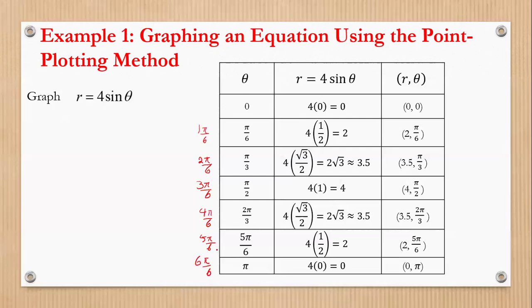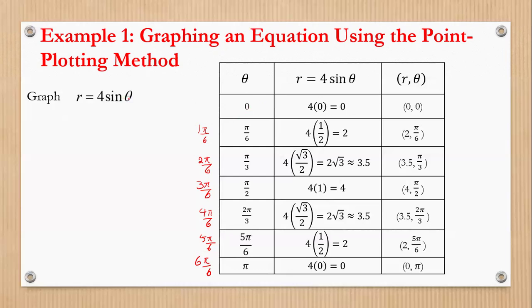These are multiples of pi over 6. Multiples mean 1 pi over 6, 2 pi over 6, 3 pi over 6, all the way to 6 pi over 6, which is pi. Then we replace the values for theta.